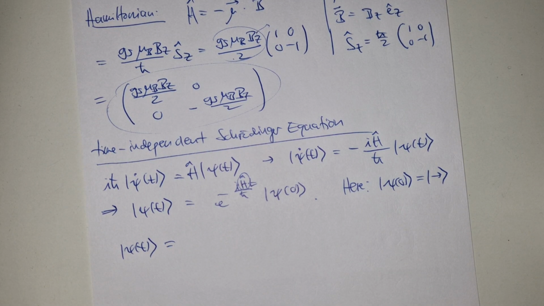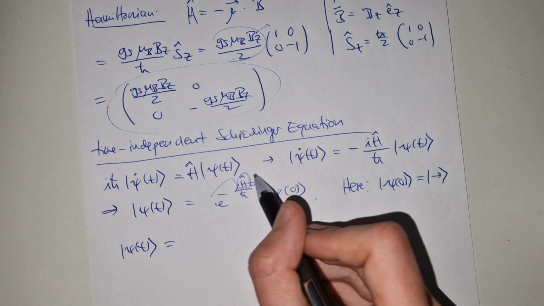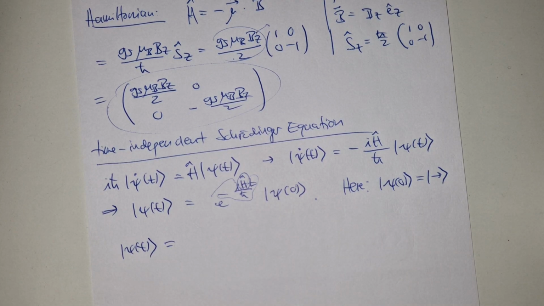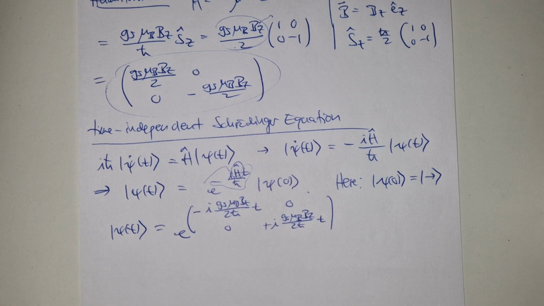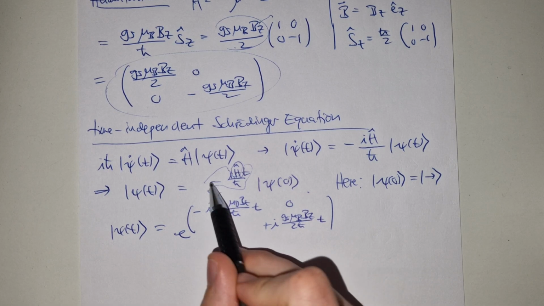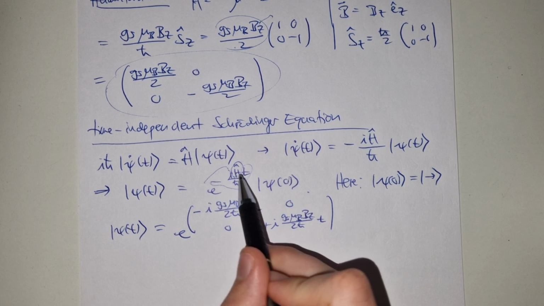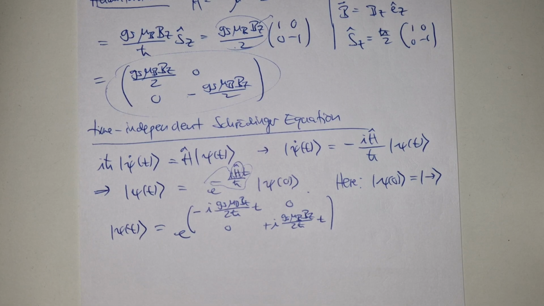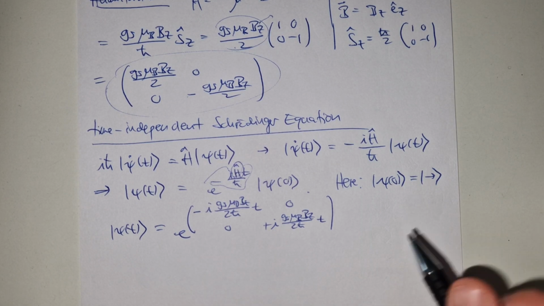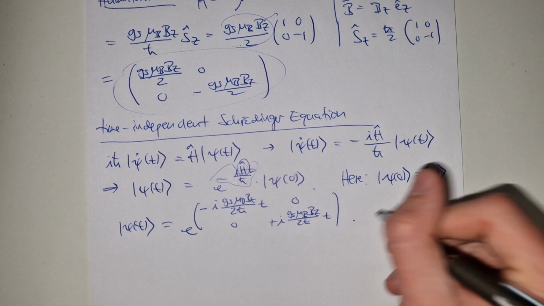So what we have to do is pull minus i t times h bar into the matrix, which leads us to the following expression. So I've done nothing but pull these factors, so minus i t divided by h bar, into the Hamiltonian matrix we had above, and exponentiated the whole thing with e, and times psi of 0, which is spin right.